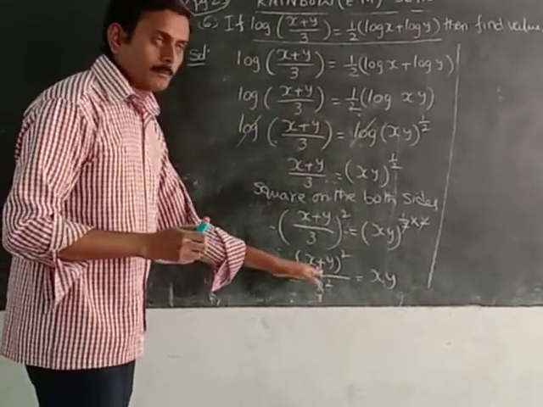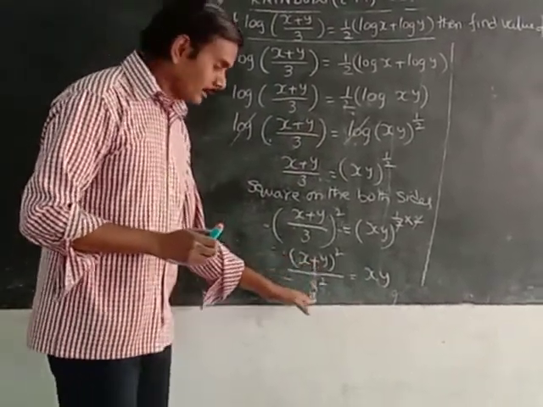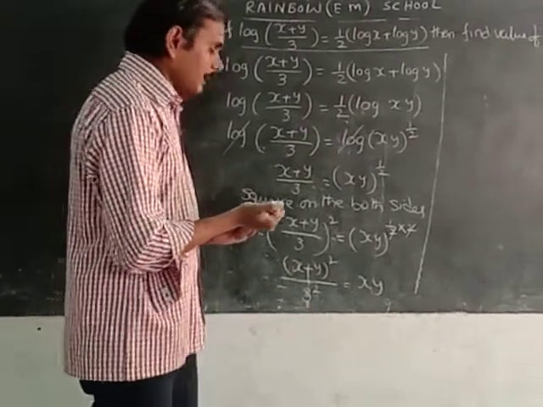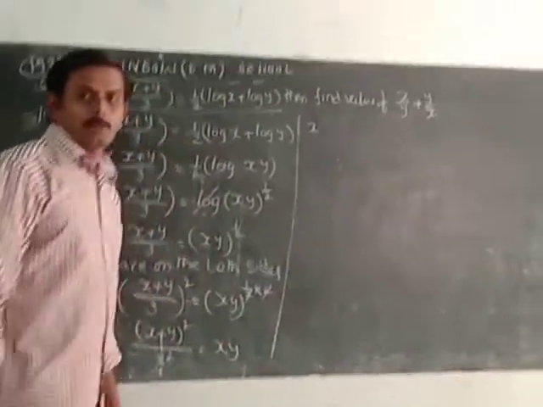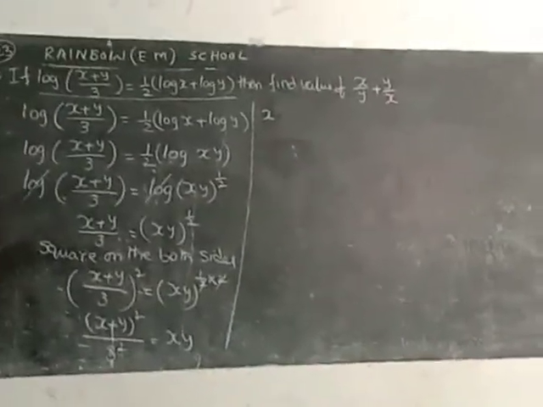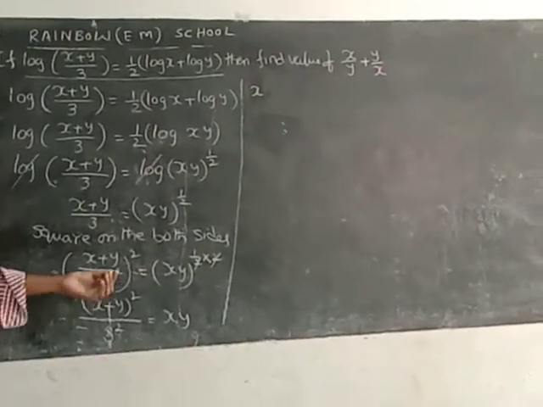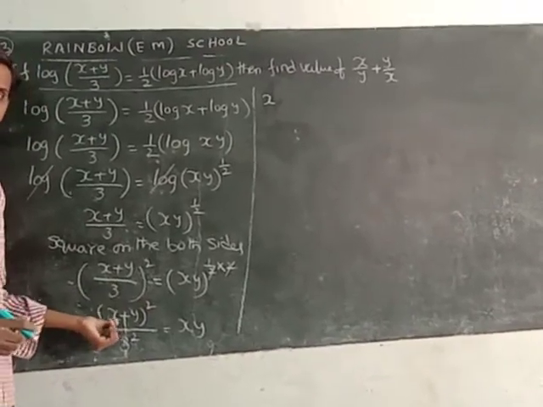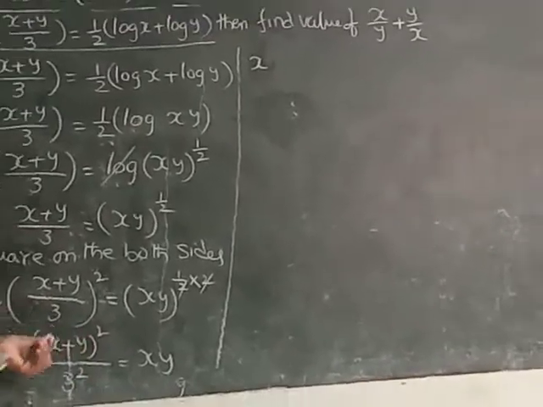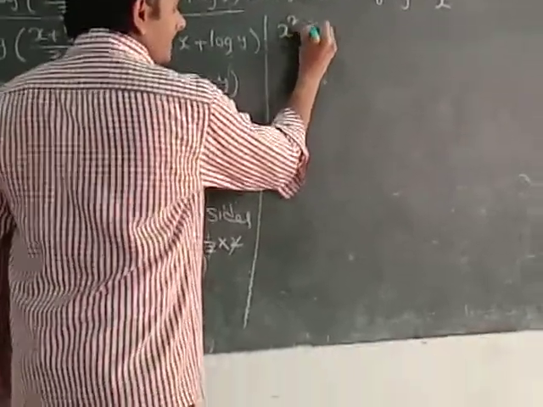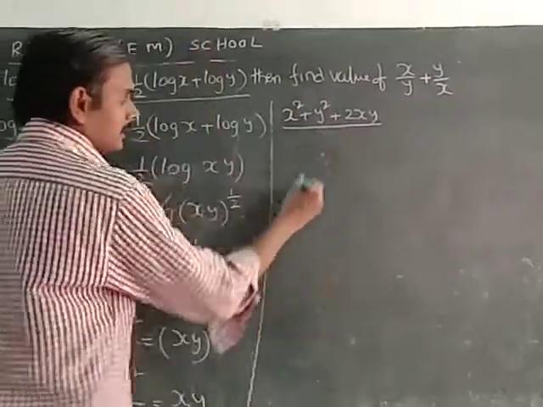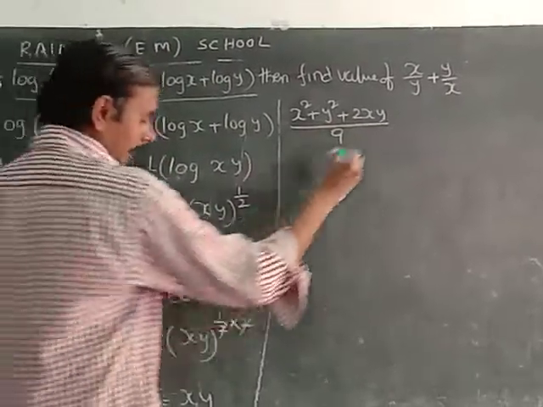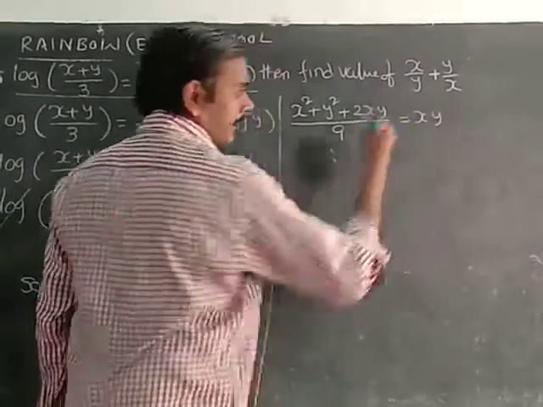Now apply the (a plus b) whole square formula: a square plus b square plus 2ab, using x instead of a and y instead of b. So x square plus y square plus 2xy by 3 square, that is 9, equals xy.